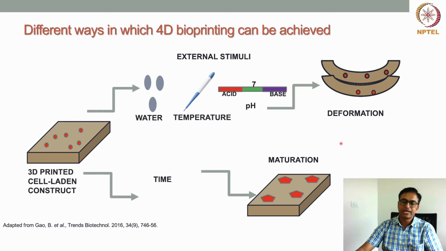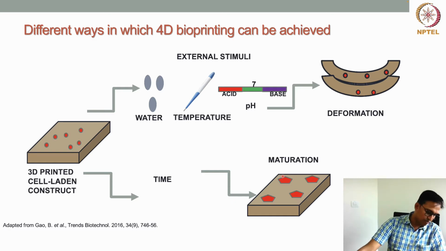All these things can happen, and then the tissue building process starts. As it is a cell-driven process, it can also qualify for 4D bioprinting. The only difference between a 3D bioprinted construct and a 4D bioprinted construct is whether the changes can be programmed, or can be anticipated.